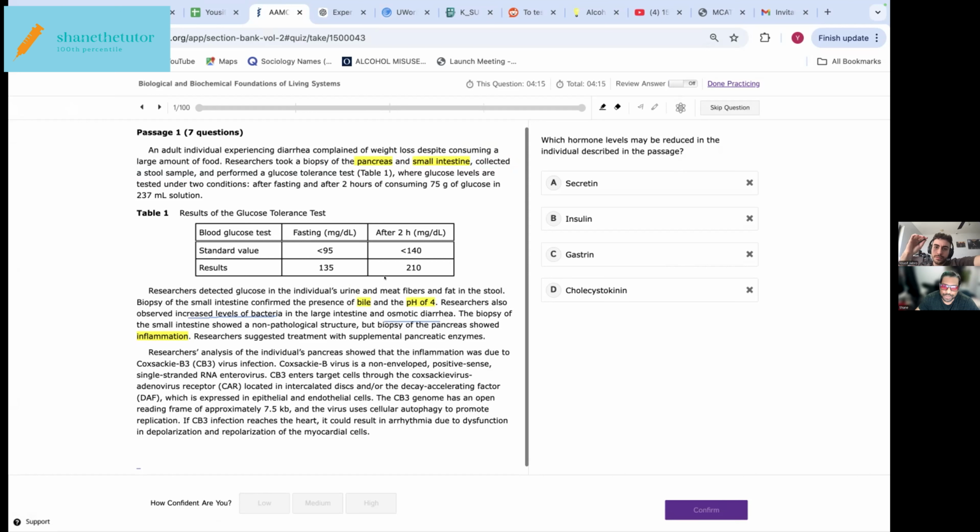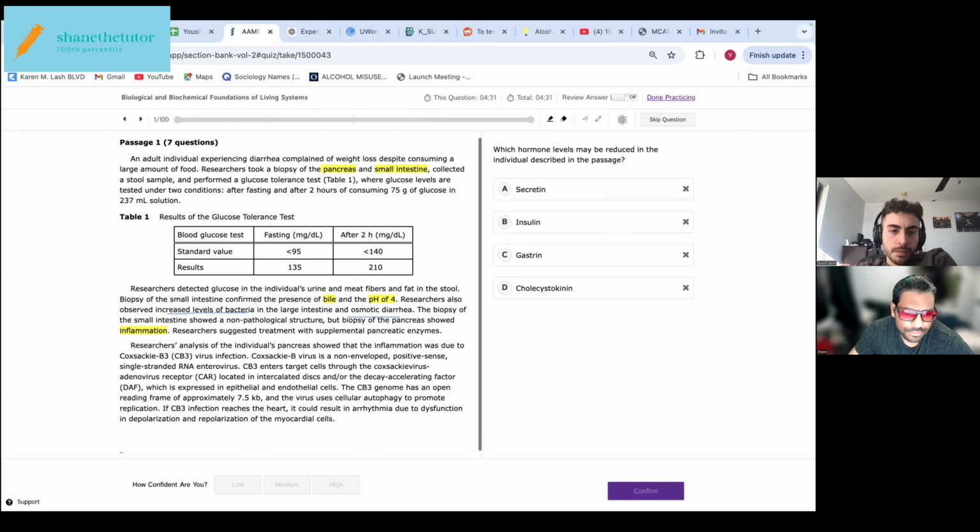So it's a problem with reabsorbing the water. Okay. So the pancreas showed inflammation, and they suggested treatment with supplemental pancreatic enzymes.